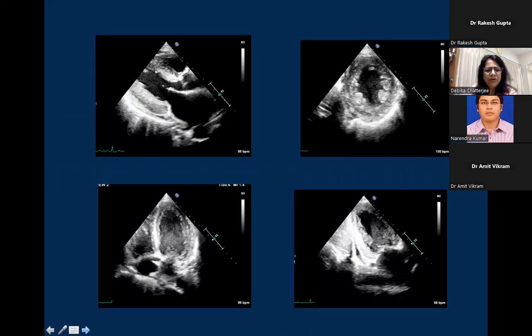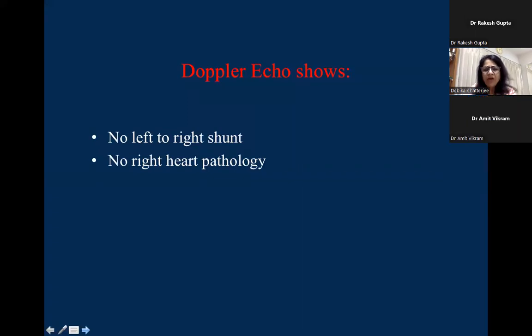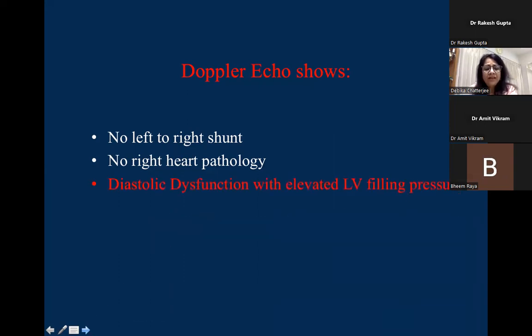Then I do the Doppler echocardiography. I rule out any left to right shunt. I rule out right heart pathology. And then I find that this particular patient has got diastolic dysfunction with elevated LV filling pressure.